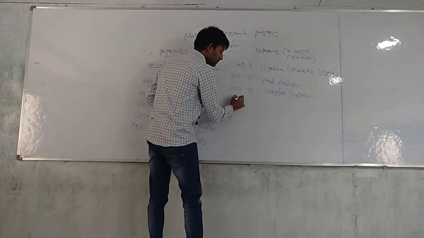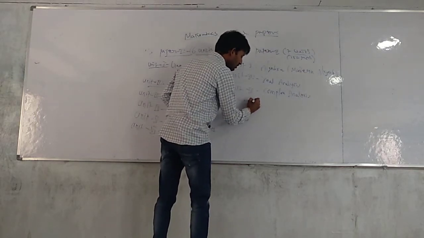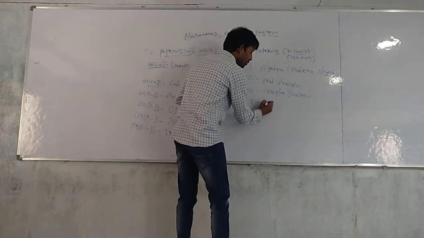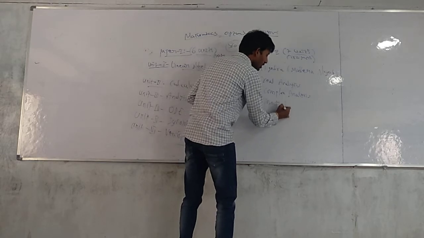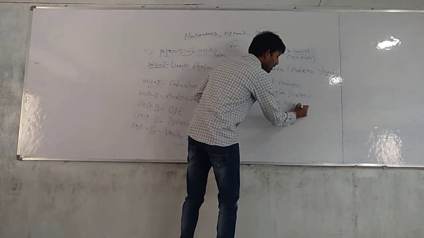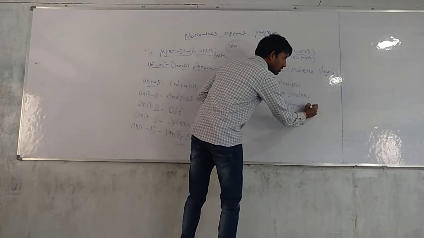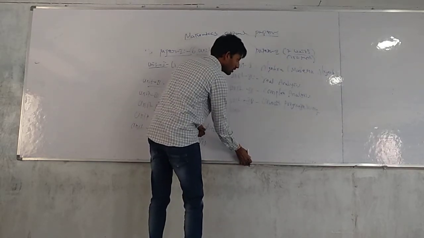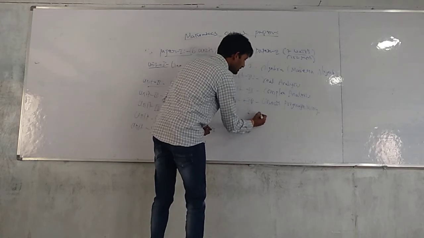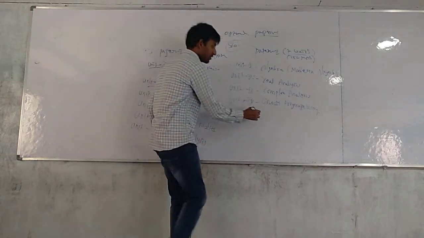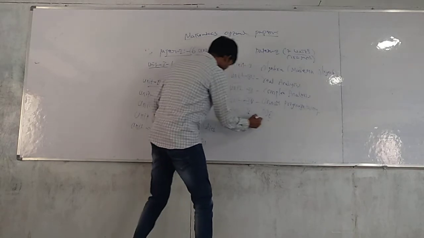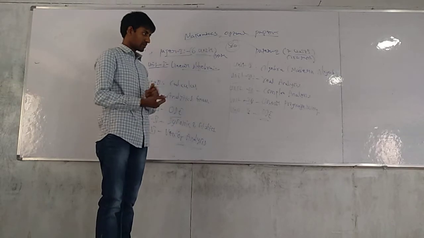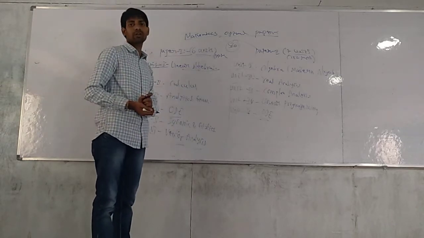Next, unit 4, linear programming. Unit 5 is partial differential equations, PDE. Here PDE is partial differential equation, and earlier ODE is ordinary differential equation. A little bit of difference is there. We will discuss the difference later.